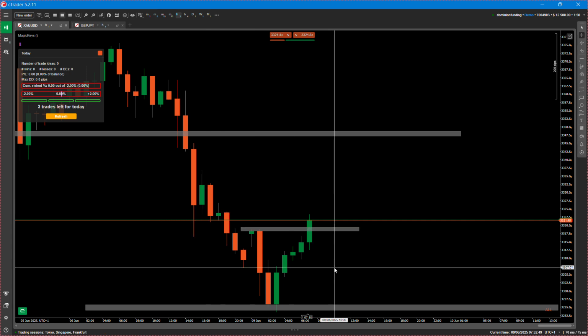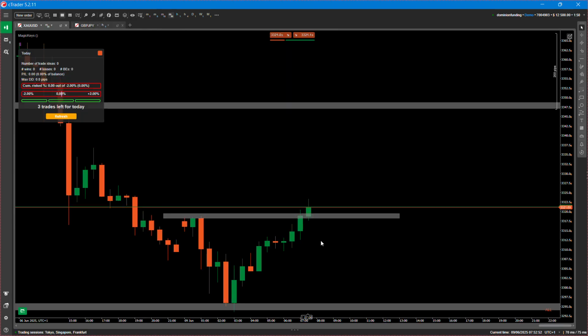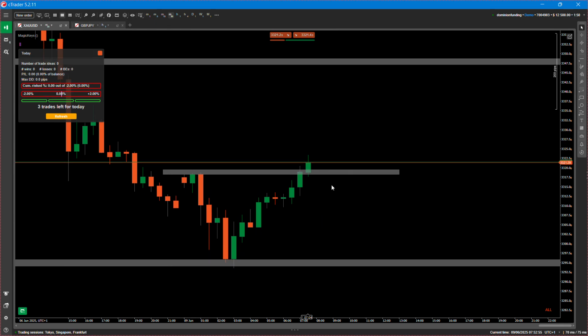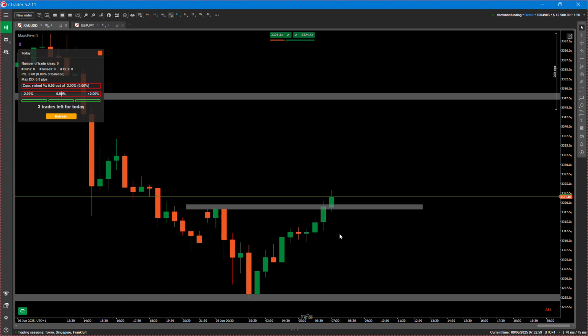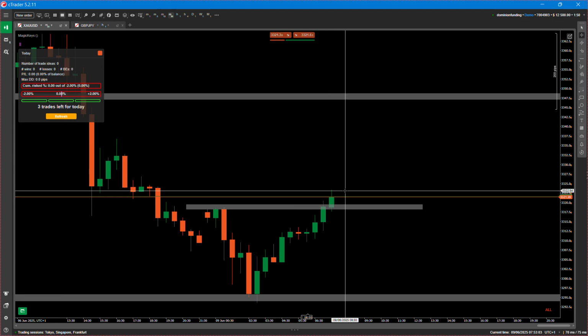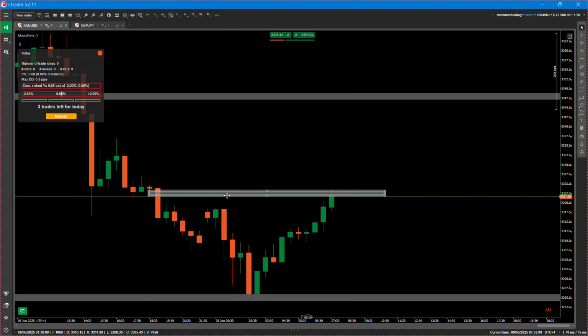Since we have something like this, we're going to scale down to 30 minutes to see what you can get. On 30 minutes, we are still breaking above. Looking at the way this is trying to close, this resistance will be our major resistance, and this will be our minor resistance.